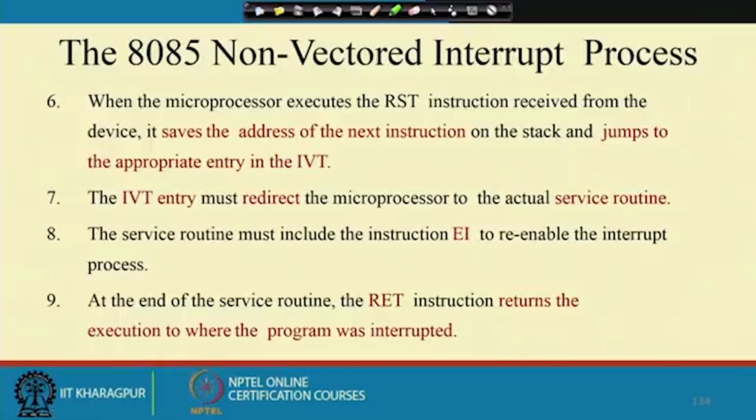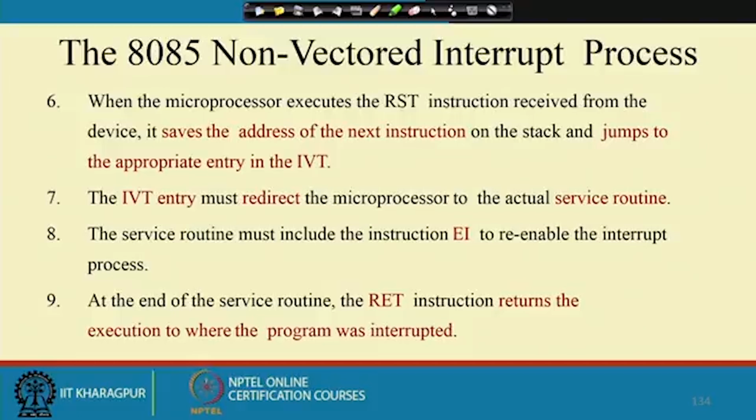In this machine cycle, the interrupt acknowledge pin is made low, and it is expected that on the data bus the opcode for one of the RST n instructions will be available. Upon getting that opcode, the processor will decide to which address it should go, and accordingly it will go to the corresponding address. When the processor executes this RST instruction received from the device, it saves the address of the next instruction in the stack.